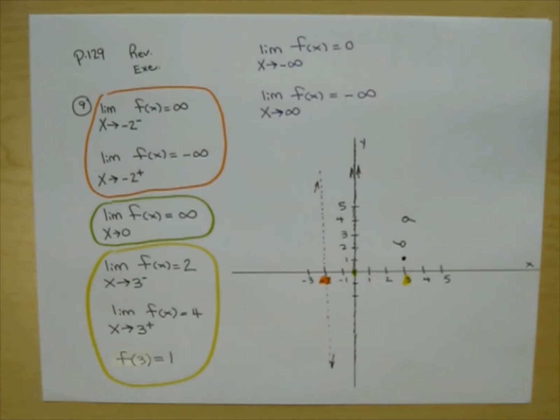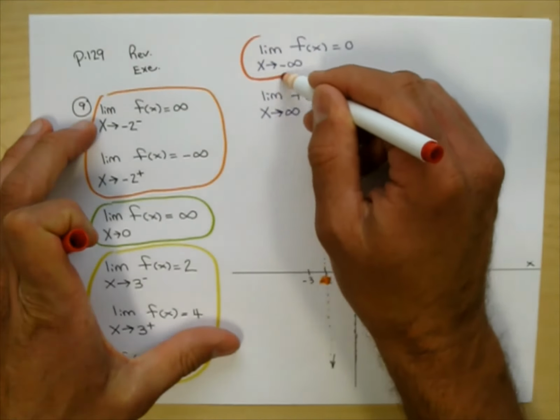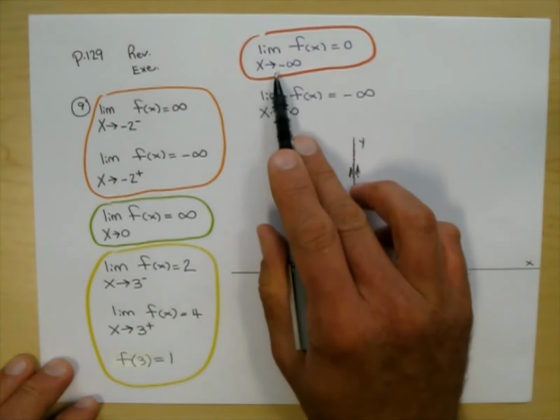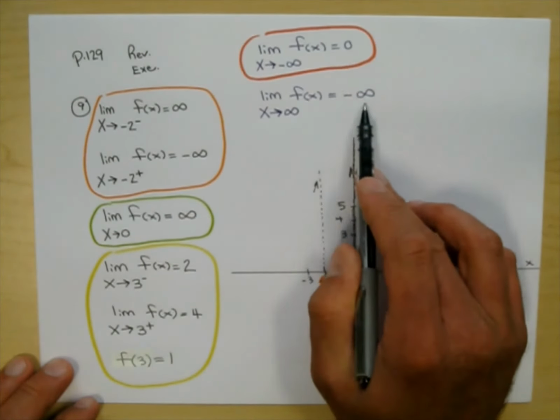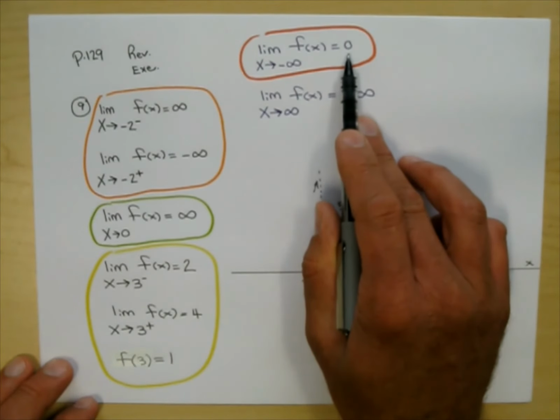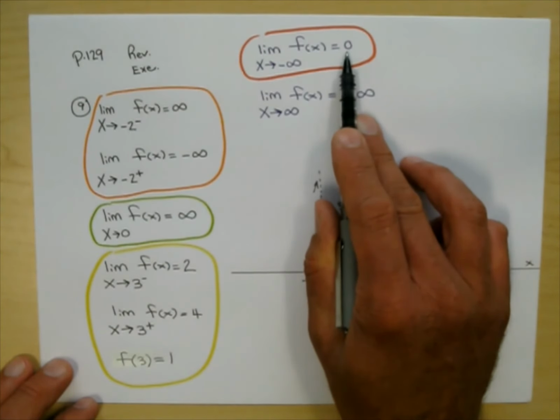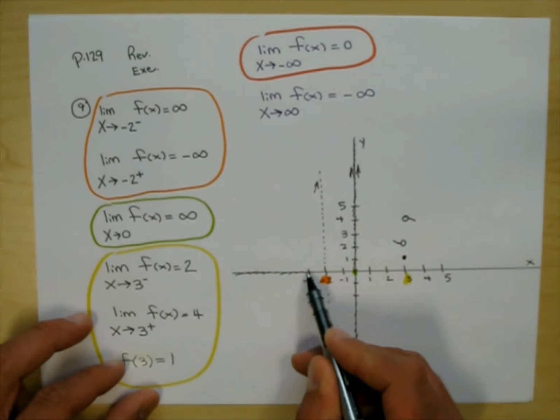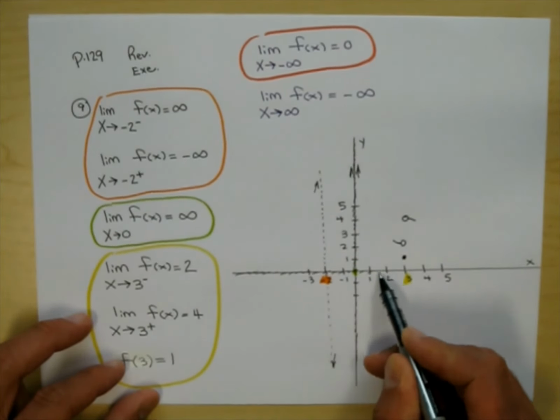The next one says as x approaches negative infinity, the limit of that is 0. So as you approach negative infinity or positive infinity, if you end up getting a number, that indicates a horizontal asymptote. So I'm going to go ahead and put a horizontal asymptote, y equals 0, which I have to kind of go like this because it's the x-axis. You won't be able to see a dashed line if I do it really lightly.